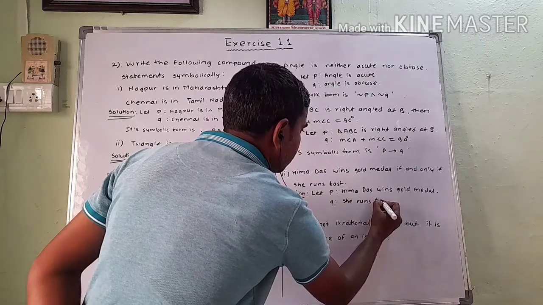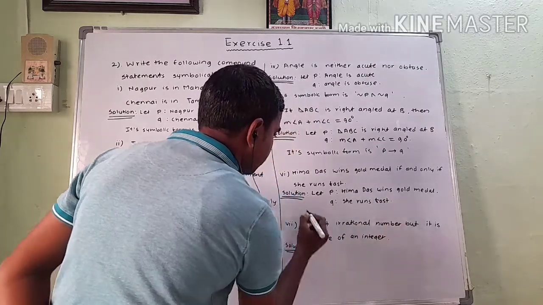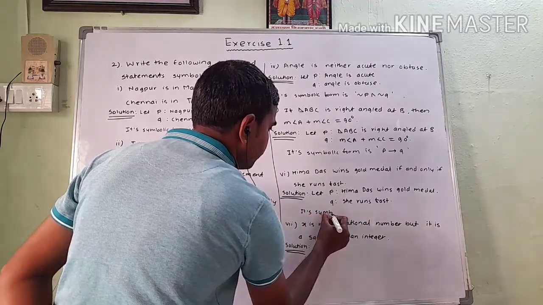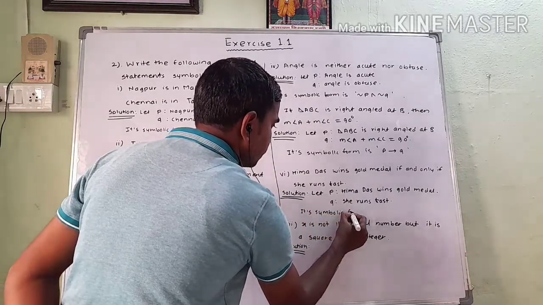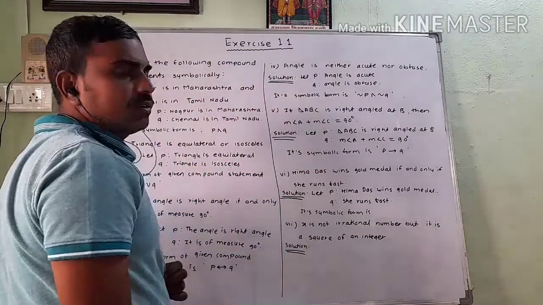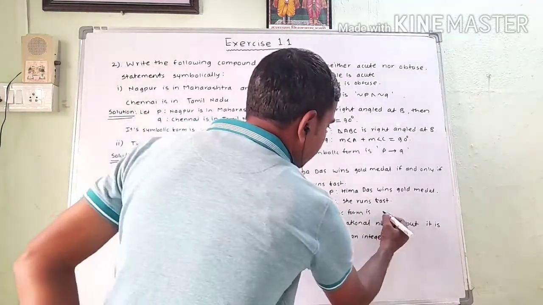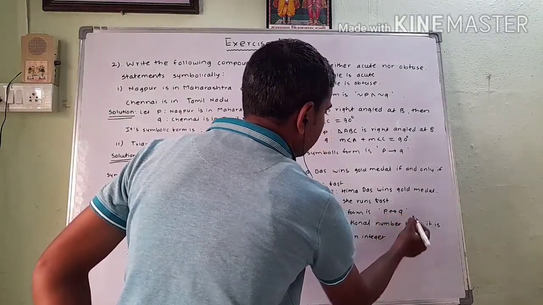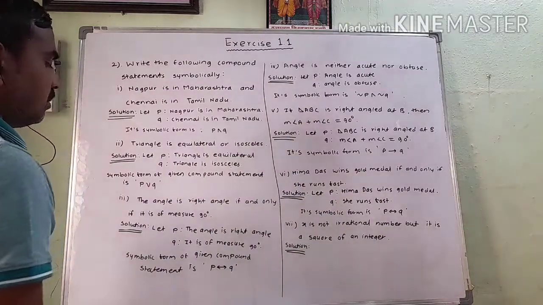Lastly we will write its symbolic form. We have to use double implication, or biconditional, because it is if and only if here.